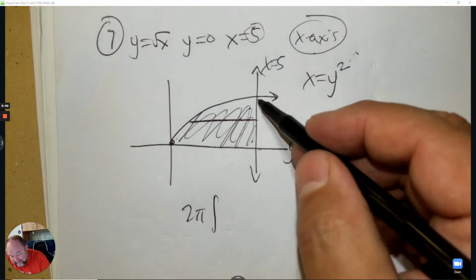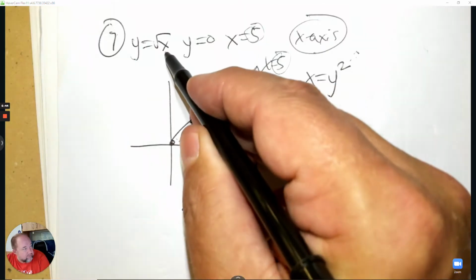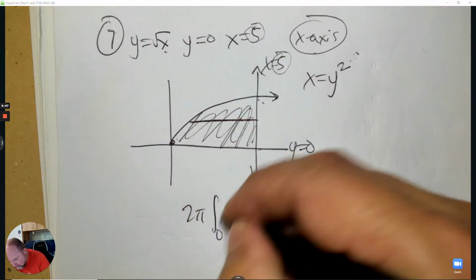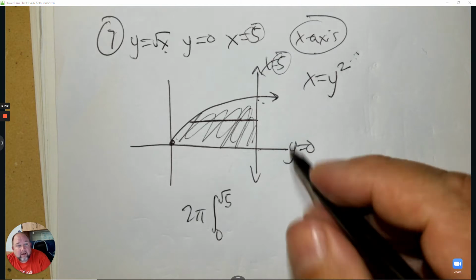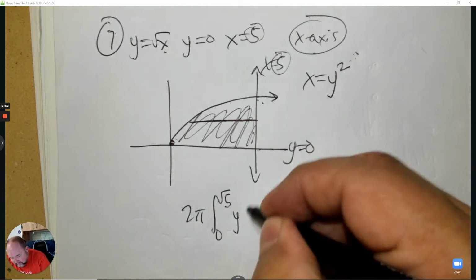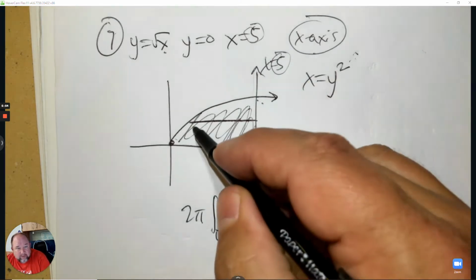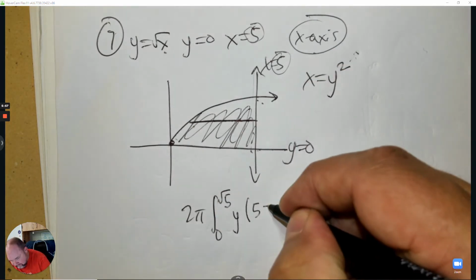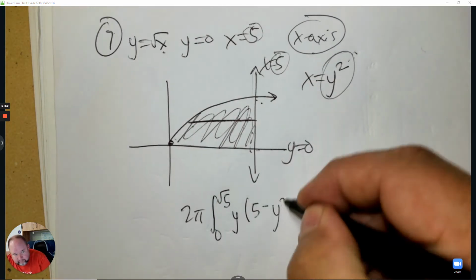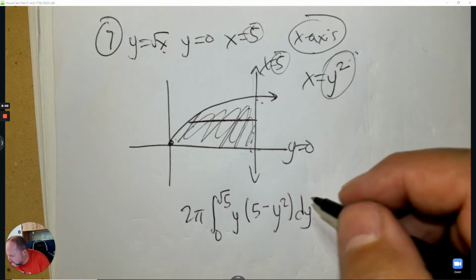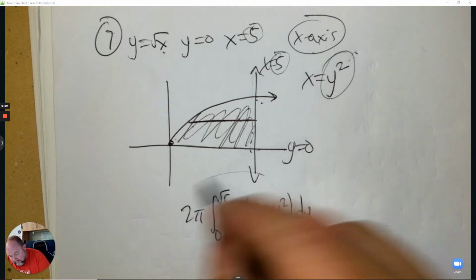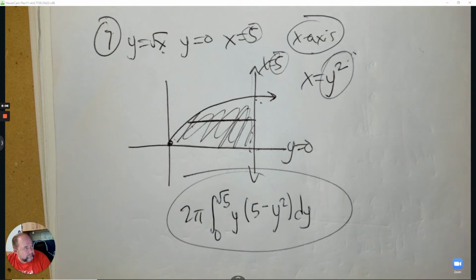But anyways, if I plug in 5, it's the square root of 5. So it goes 0 to the square root of 5. All right, the y value is the radius. And then I go right, subtract left. And there's your answer. And it says don't integrate it.